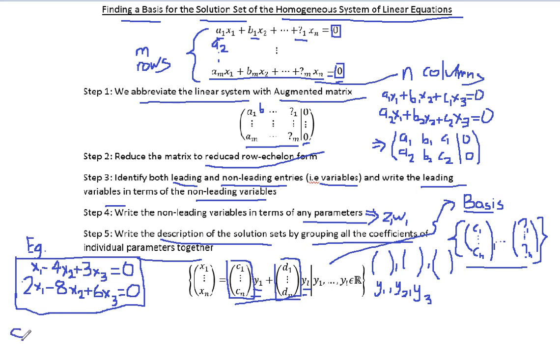So now step 1, an augmented matrix. So hence 1, minus 4, 3, 0, 2, minus 8, 6 will give me 0.